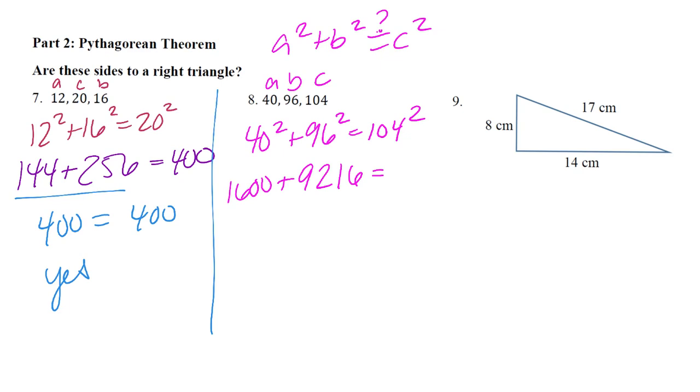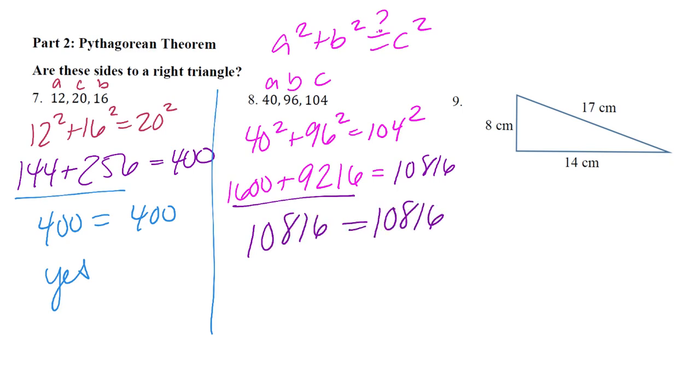And 104 squared is 10,816. Combine my like terms, and I get 10,816. So it does equal. So then, yes, this is a right triangle. They're not all going to be right triangles. All right, let's check the last one.